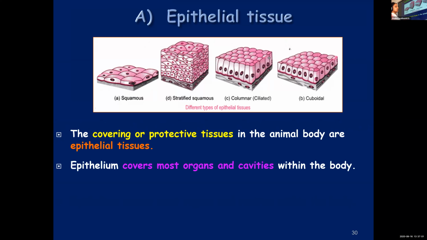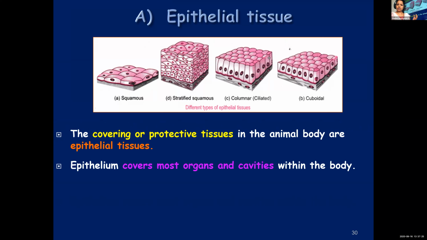Not only the external body, it will also cover the internal organs. We have many internal organs, each with a specific function. So they are covering the outer part of your body and also the internal organs and also the cavities inside the body. You have so many cavities. For example, the alimentary canal.